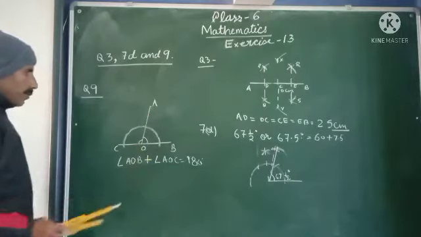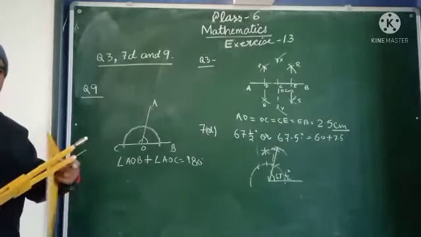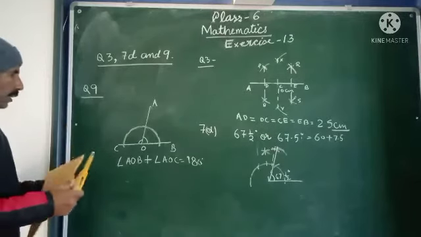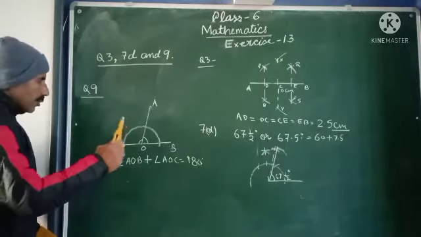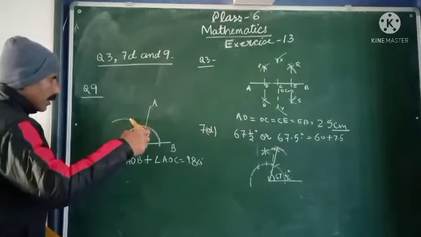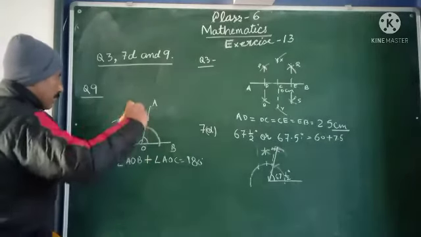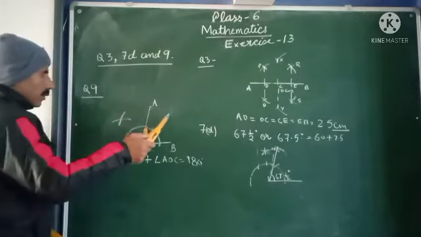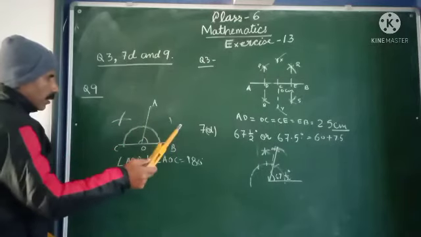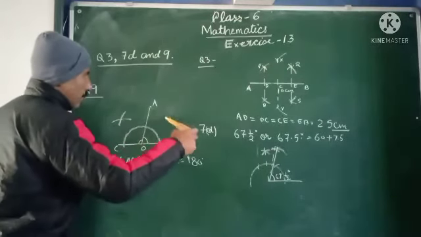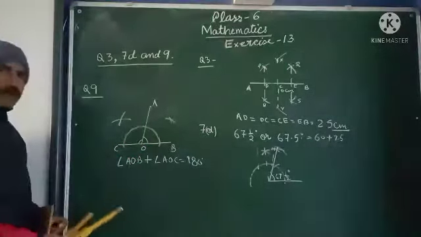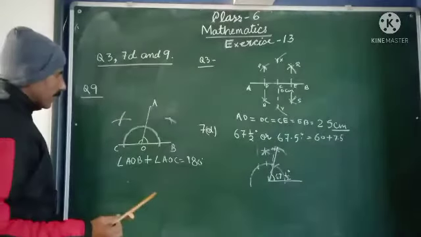We will do it like this. Take a radius, and from the points of intersection of the arc and the arms of the angle, we will draw arcs like this. So we will get the bisector of the angle. So both angles are bisected.